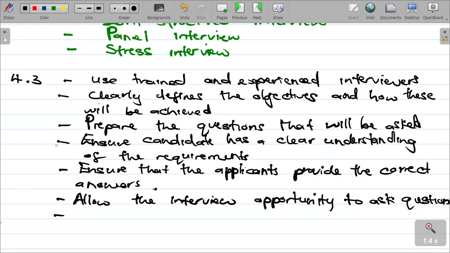And also, you're supposed to make sure that you organize a tour around the organization.